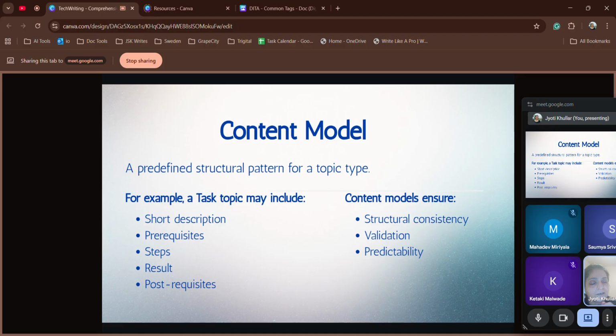That will be your short description. Then it will tell you the prerequisites. If a user needs to know anything, if the user needs to have implemented something, those prerequisites will come next. And this is a very strict structure. आप उसके beyond जा नहीं सकते हो. आप वो short description के अंदर short description ही लिखोगे, and there will be specific tags for that, and you limit yourself within those tags.